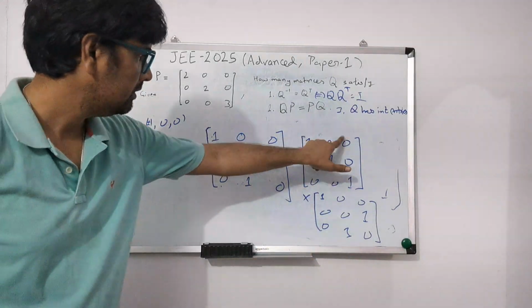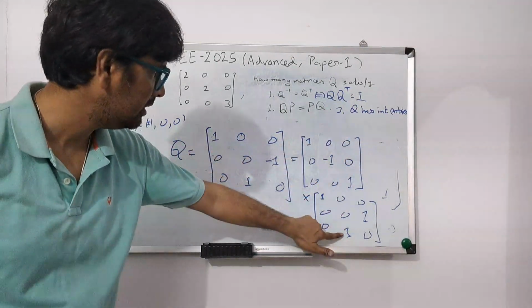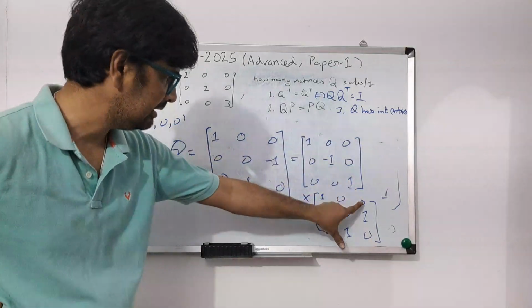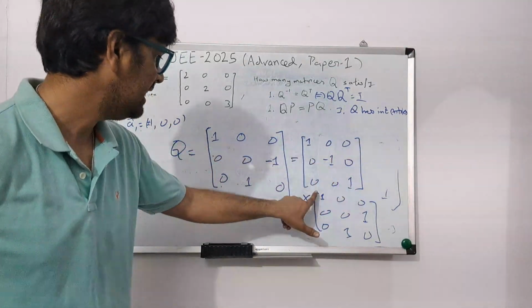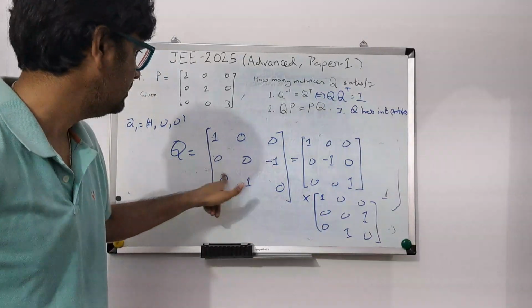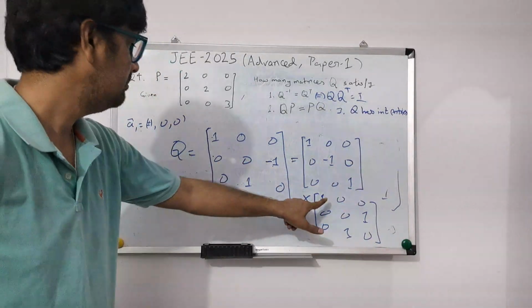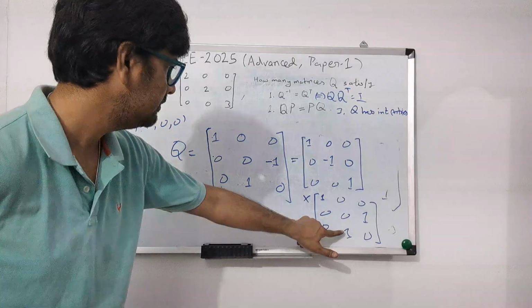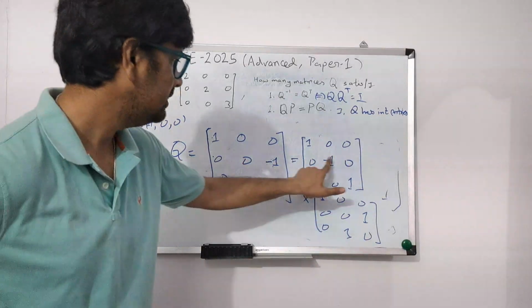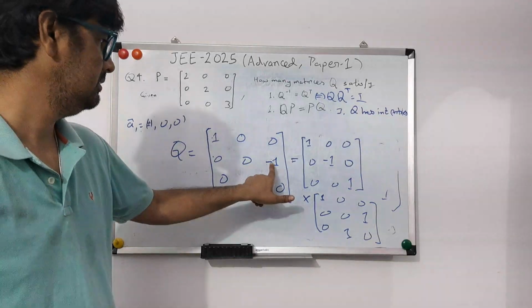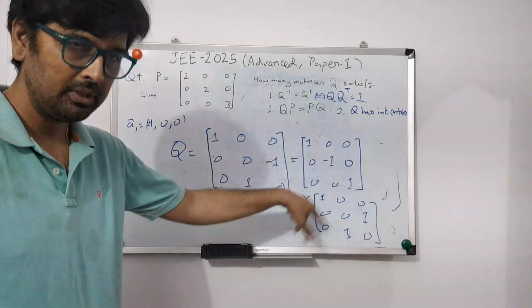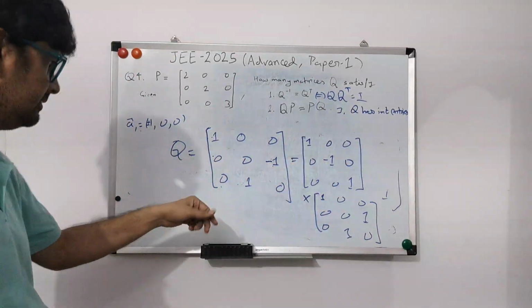Then the next row times columns give 0, 0, 0, 0, and this row multiplied by this column, we get minus 1. When you perform matrix multiplication, you will get this.